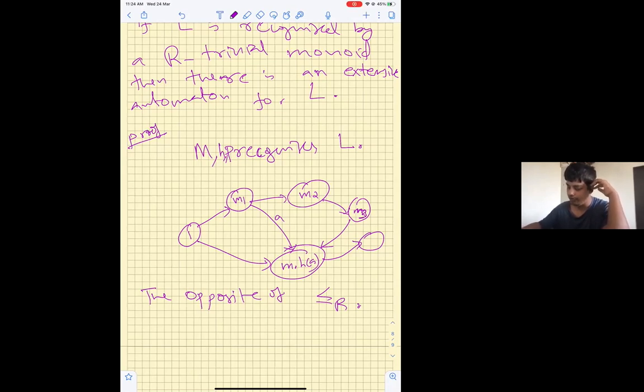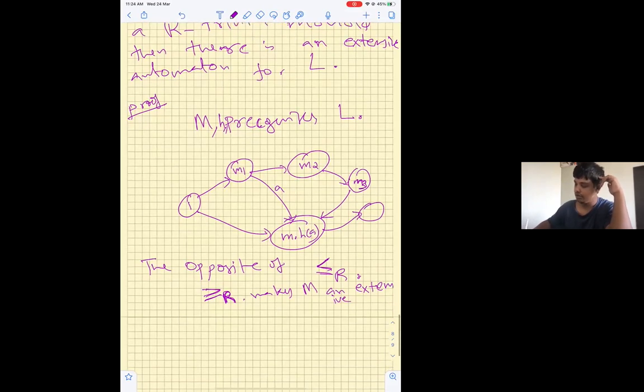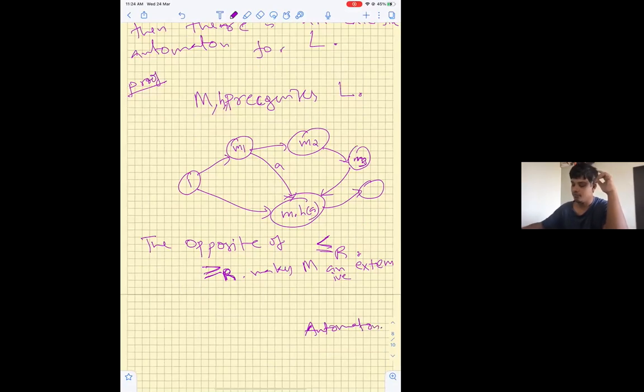So we take the opposite of less than or equal to R, sometimes called greater than or equal to R, which makes M an extensive automaton. Is that clear? Yeah. All right.